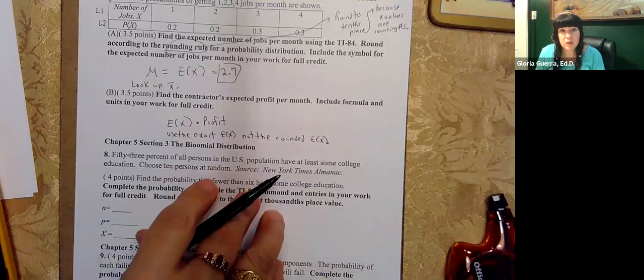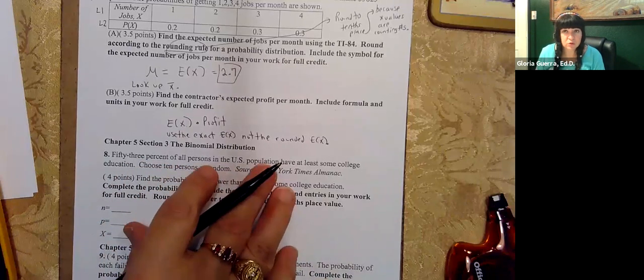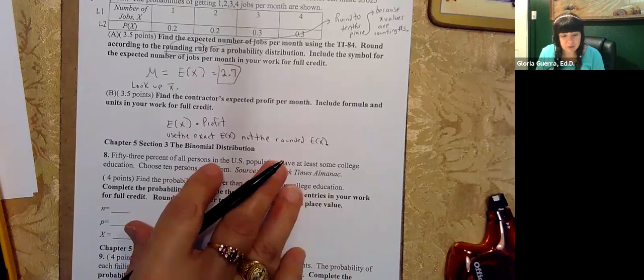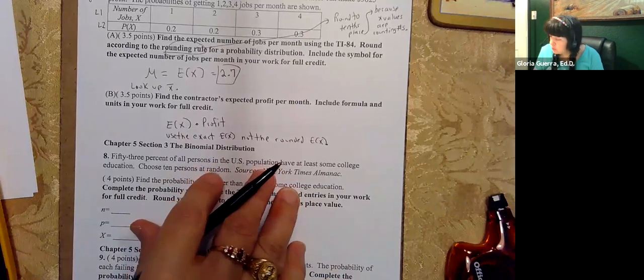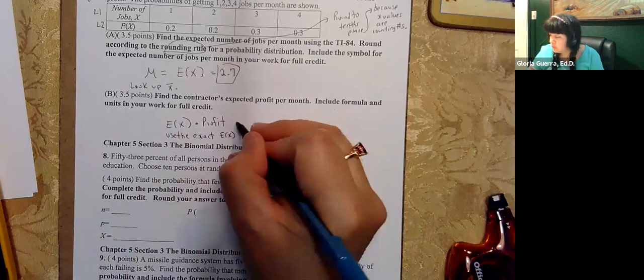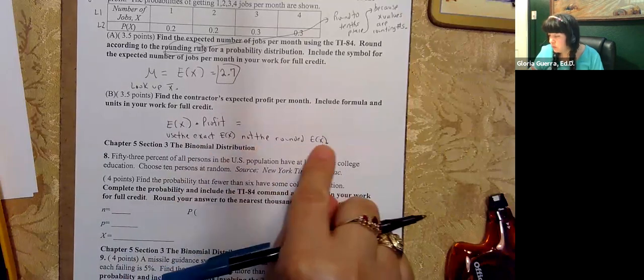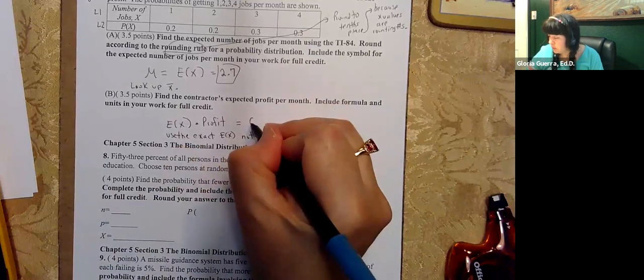And this is money. You should round to the nearest cent, right? If it's money, round to the nearest cent. So here, this doesn't really affect us because 2.7 had already terminated.